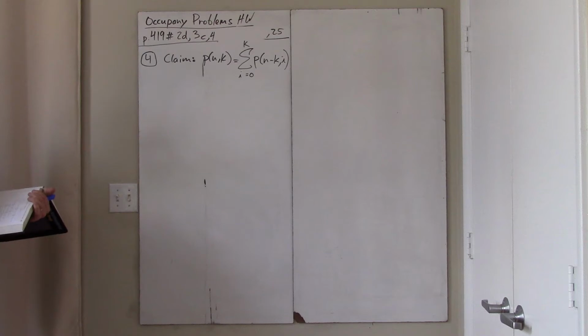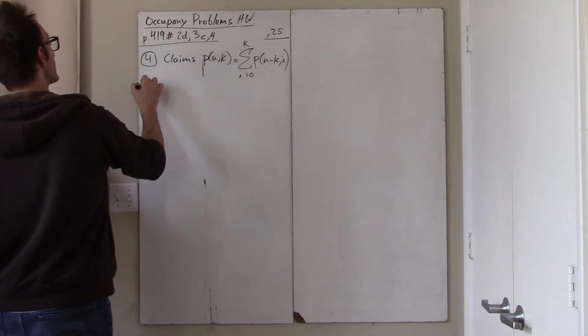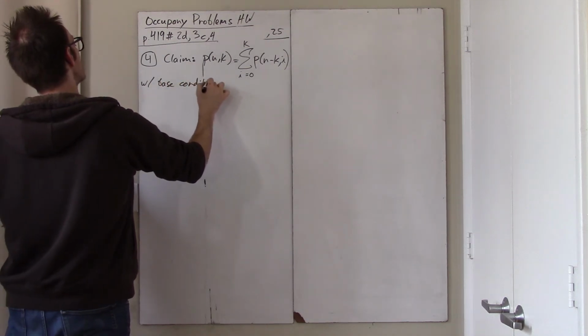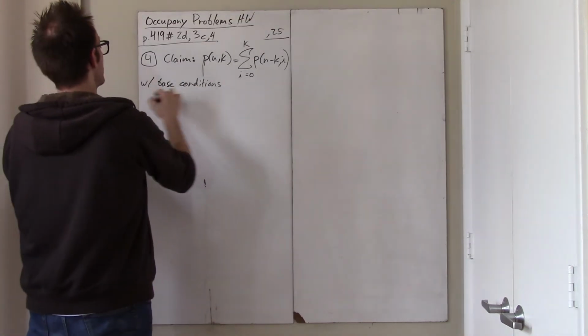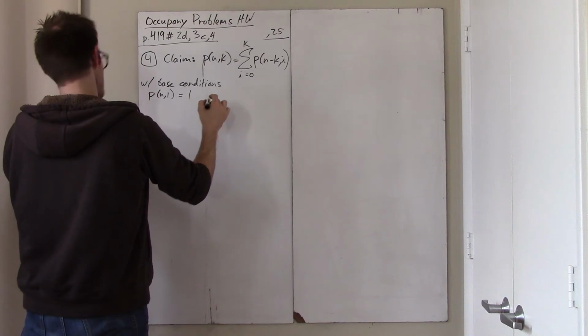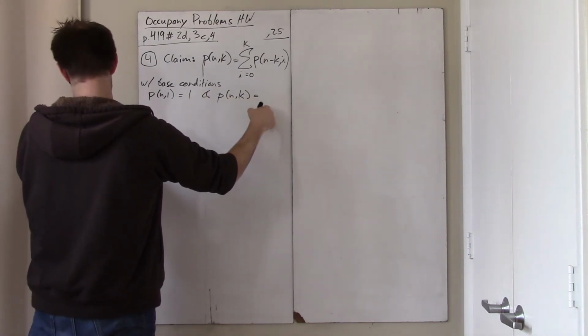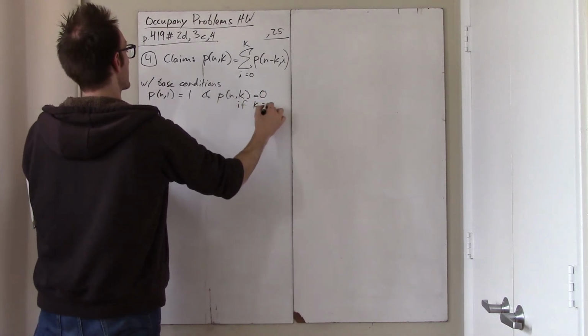Okay, wow. Oh, and with base conditions, P(n,1) equals 1, and P(n,k) equals 0 if k is greater than n.